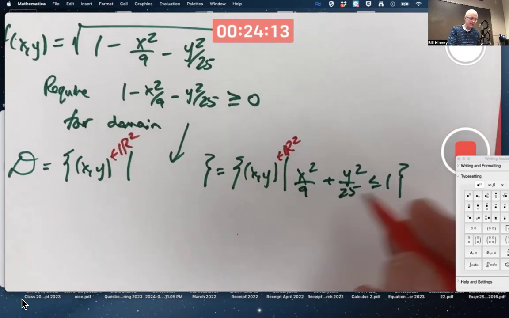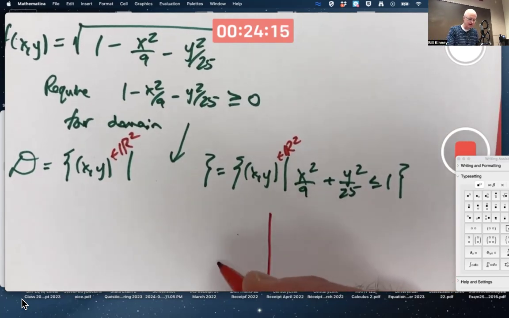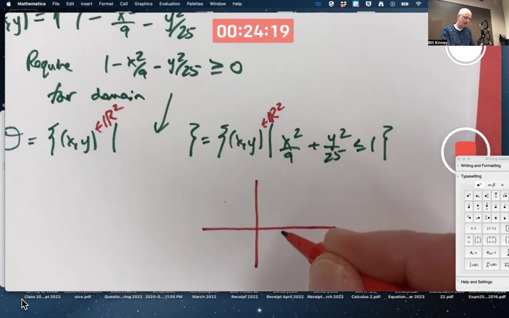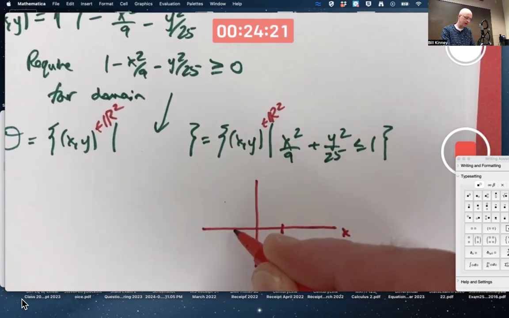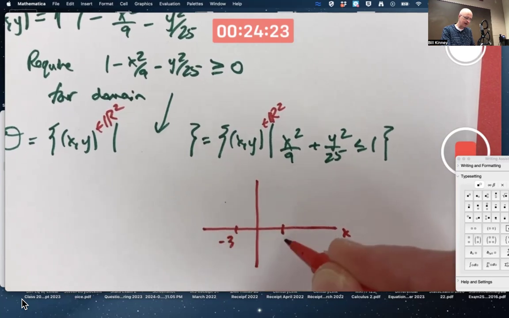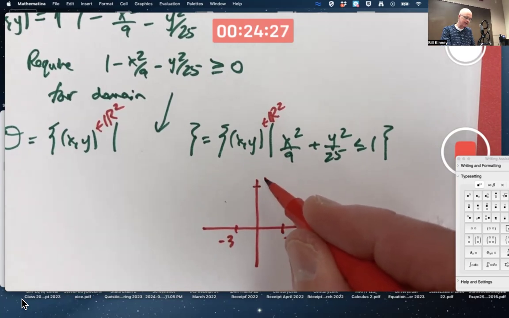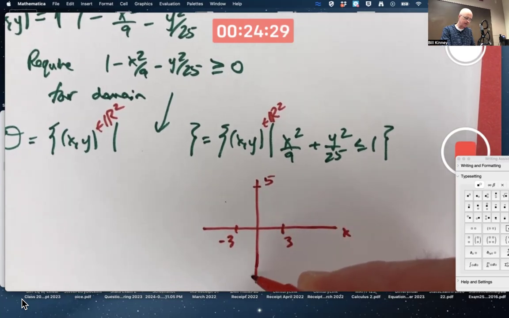And if you graph the corresponding equation there, it's an ellipse with x-intercepts at -3 and +3, and y-intercepts at -5 and +5.